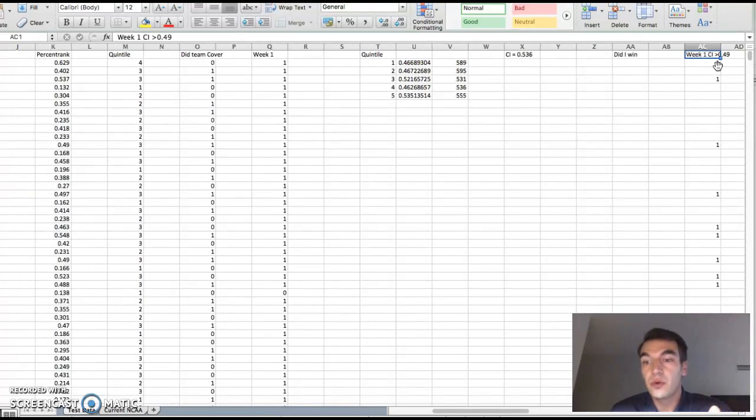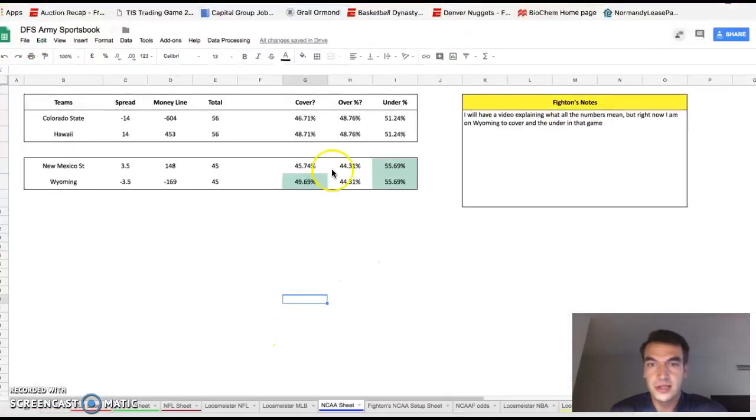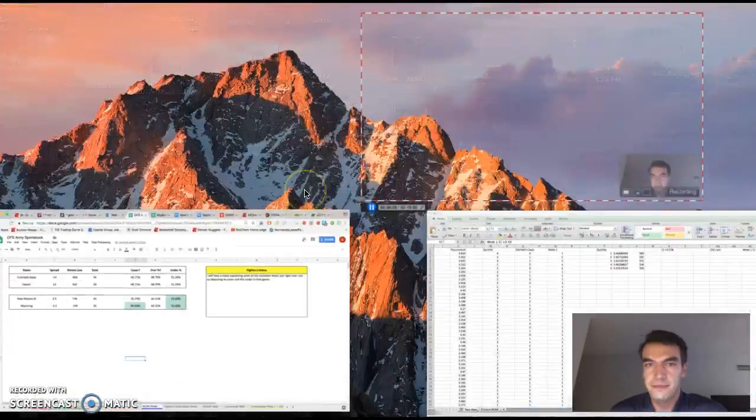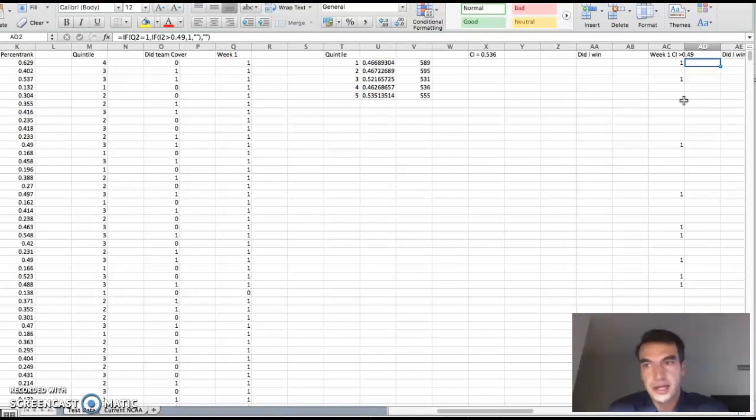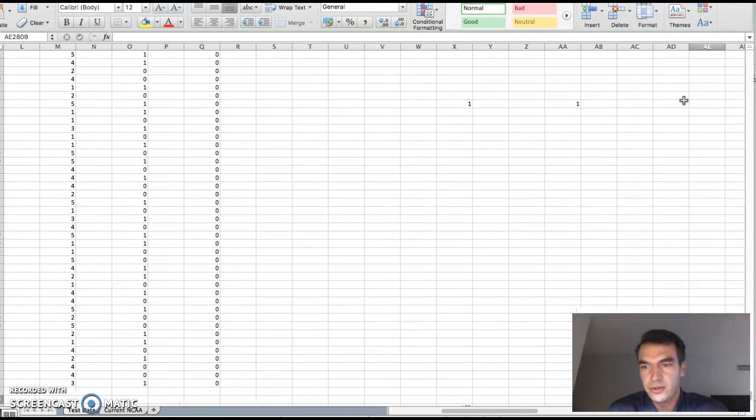Like I said, there are some situations where momentum comes into play. And so for week 1, we're using this confidence interval of 0.49, where in week 1, we're going to play ones that are above 49%. This is saying, was it week 1, as you can see over here, and whether or not it's a play, and then did we win those?